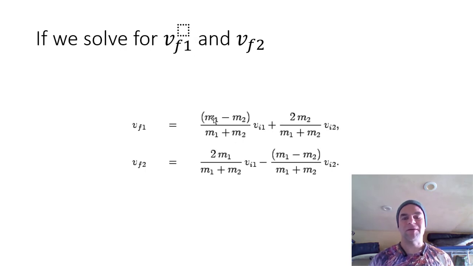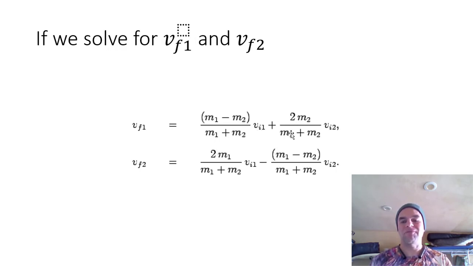And this m1 minus m2 divided by m1 plus m2 basically becomes m1 over m1, which is 1. You can do similar things on the other terms here, and you'll get final velocities of object 1 and object 2. For instance, if object 1 is the car, let's take a look at that. If object 1 is the car and m1 is much, much larger than m2, the final velocity of the car, well, let's see here. If m1 is much larger than m2, you've got the initial velocity of the car right here.